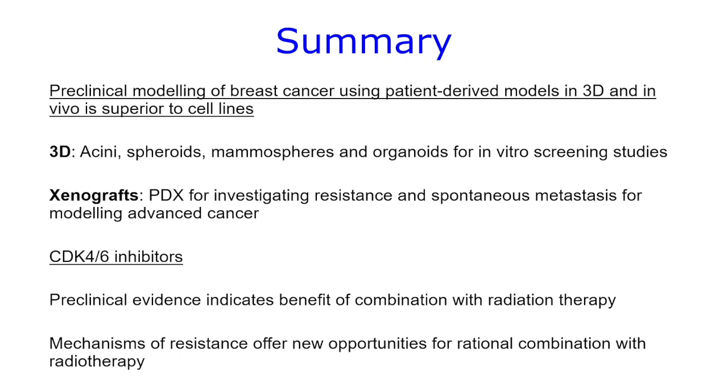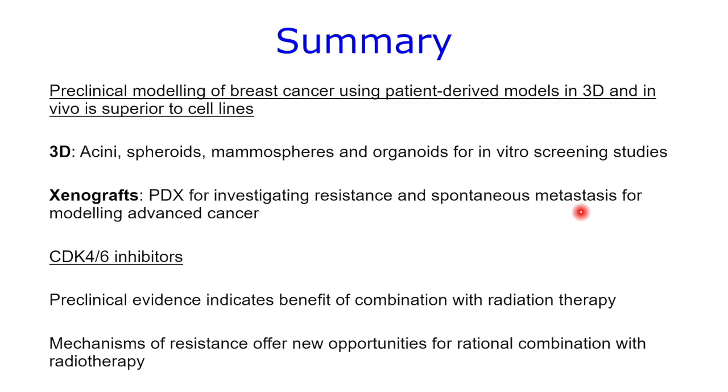Sorry about that. So just to summarize, I think I've told you today about the superiority of using patient-derived cells compared to cell lines, and that you can use those in three-dimensional assays, either colony assays or organoids, and then do in vitro screening. You can then transfer those for validation into xenograft tumors in mice, where you can study resistance, as Elisabeth's studies show.